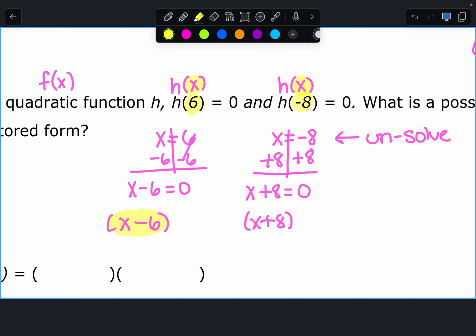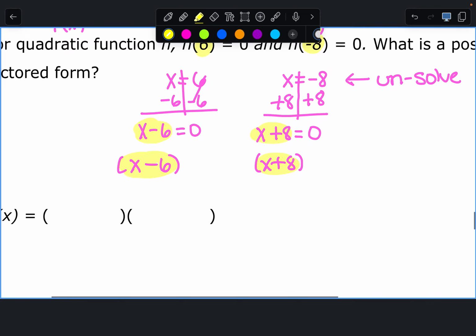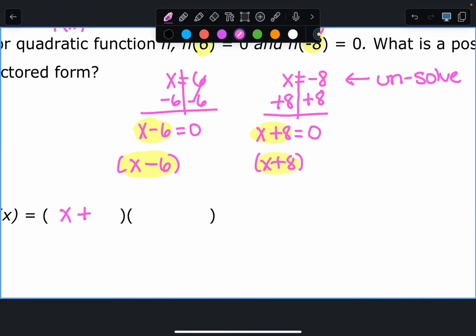We start with the binomials, you turn it into an equation, then you solve. Notice how all we did was we went backwards. That's what you're going to put into your parentheses. X minus 6, x plus 8. We just went backwards. All right.